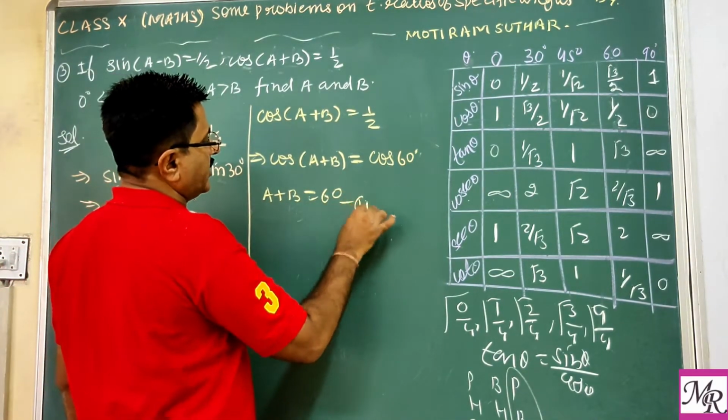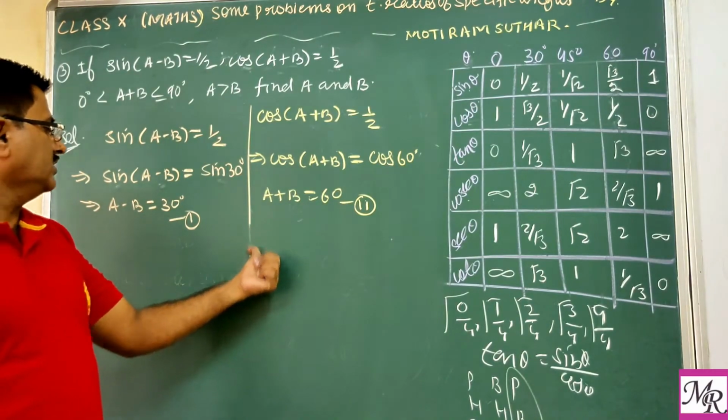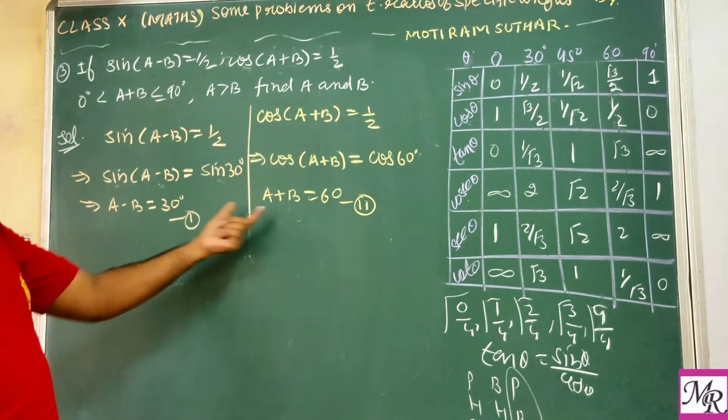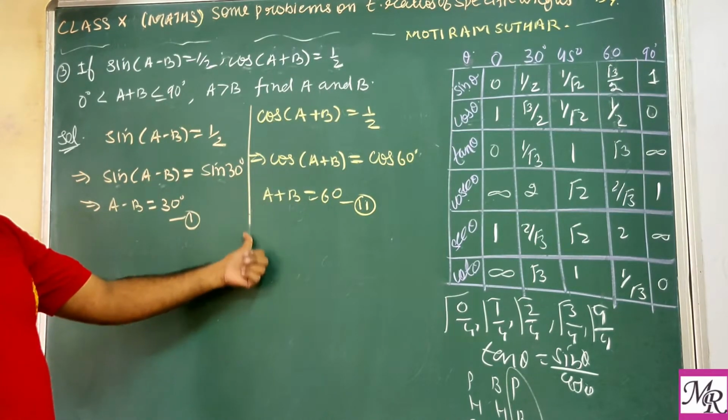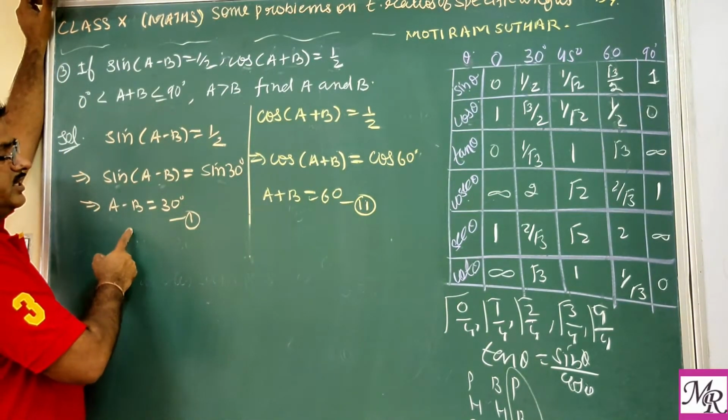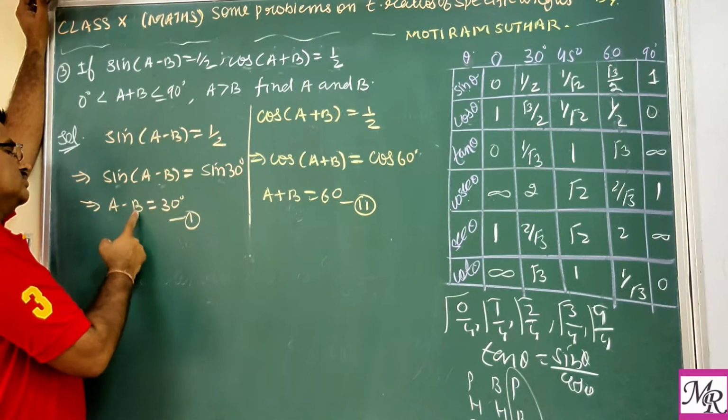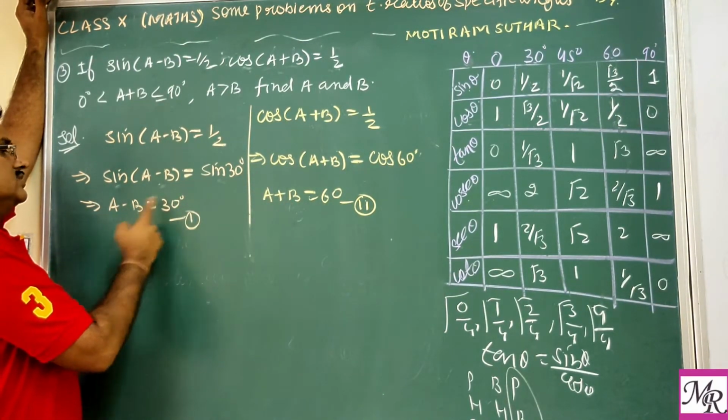Now we get two equations, as you have already seen in the previous class, a pair of linear equations in two variables, which you can also study in the second chapter. Here like x and y, A means x, B means y.